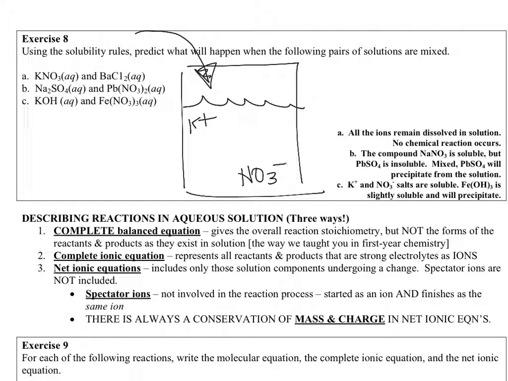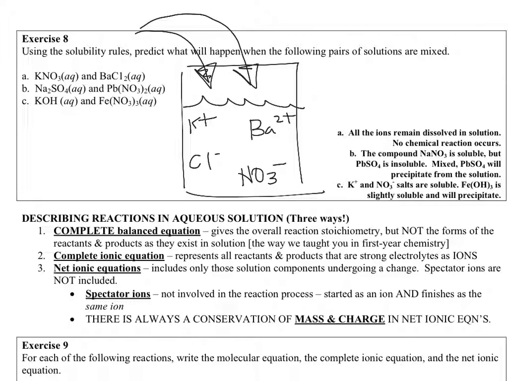I'm only drawing one of each, but there are millions upon millions of these ions all floating around. I also have barium chloride. I'm going to take that solution of barium chloride and add it to this one beaker. So now I have barium ions, with a +2 oxidation number, and chloride ions also floating around in solution.